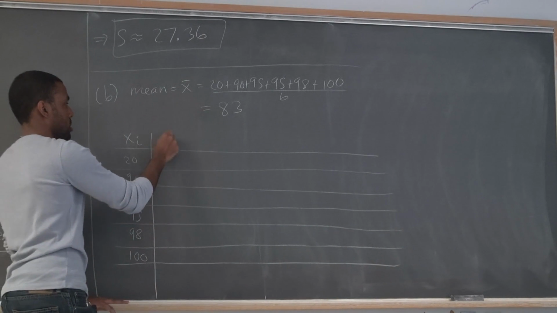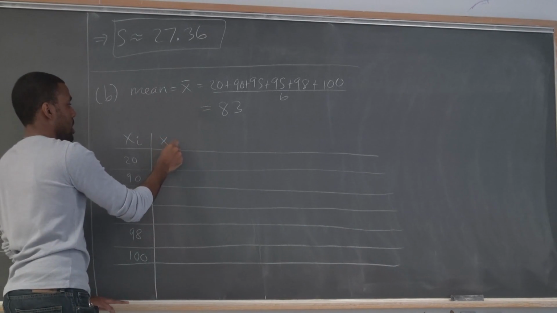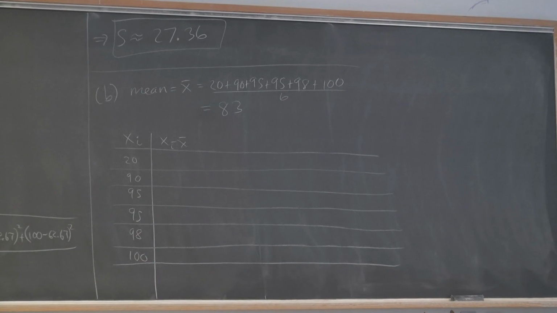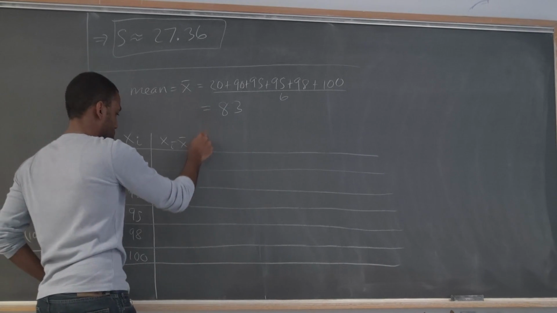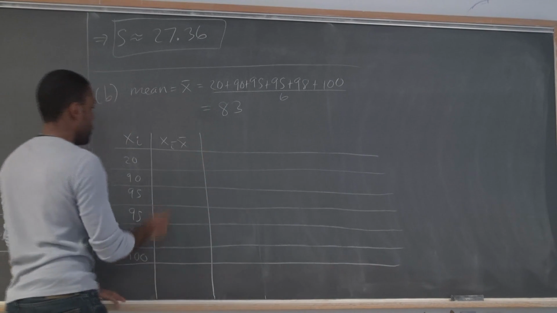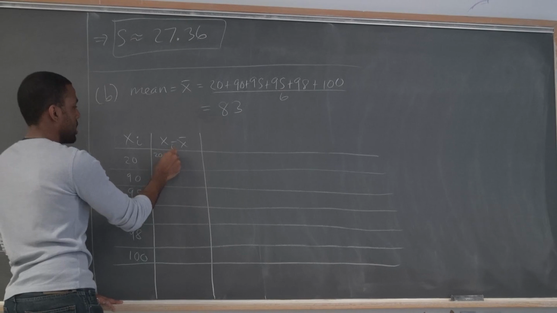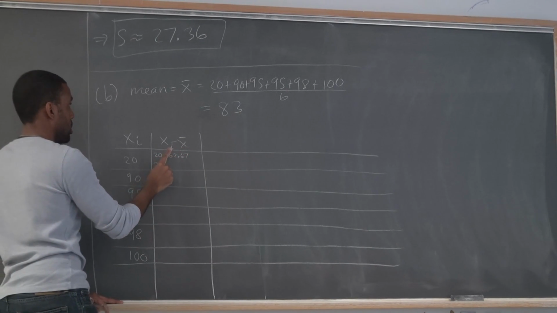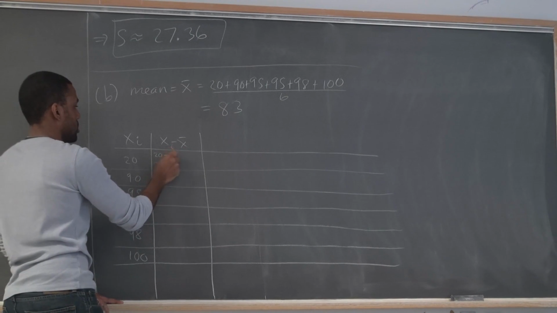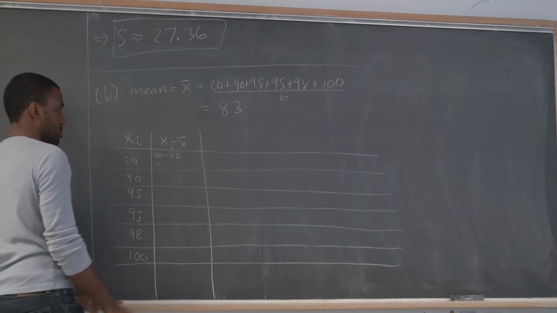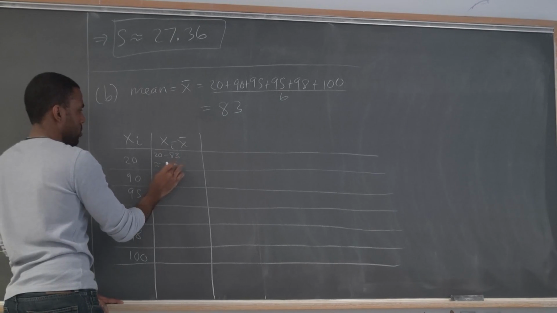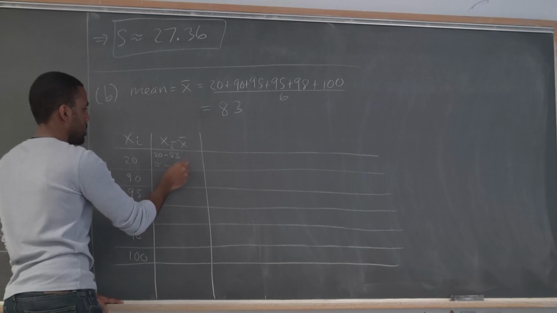And the next column, they take xi minus x bar, and so they're computing each one of these. So here you'll take 20 minus 83, which in this case is negative 63.